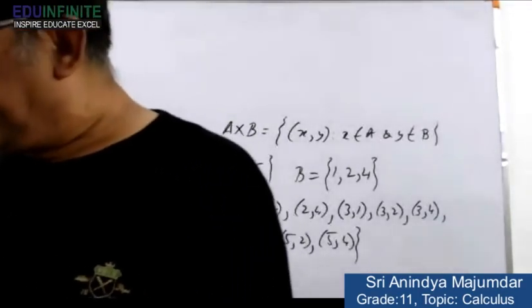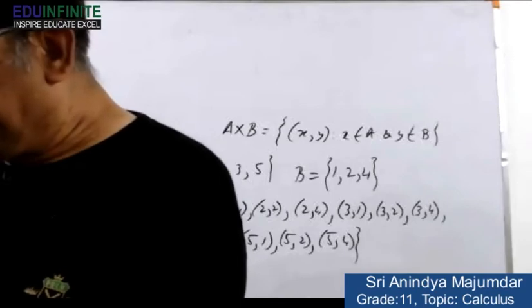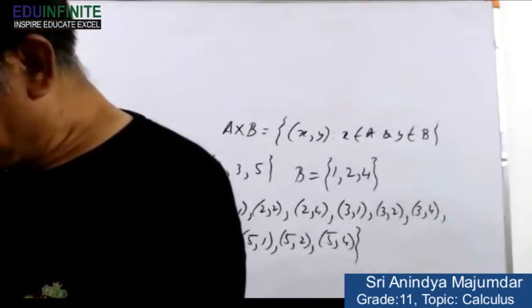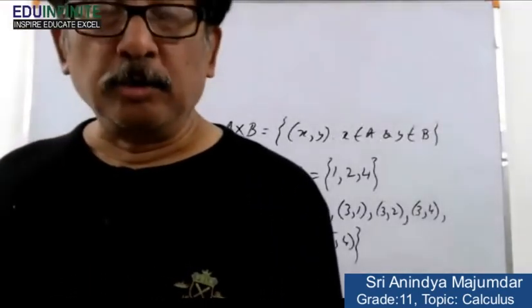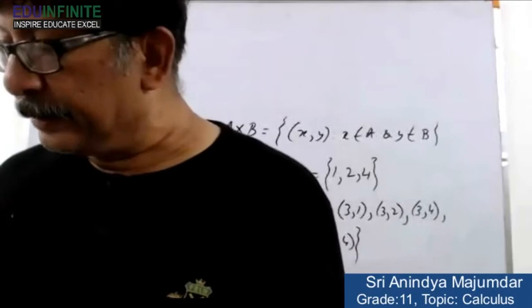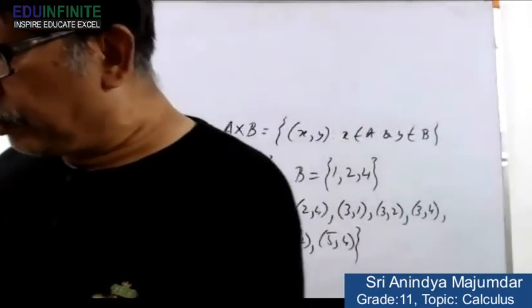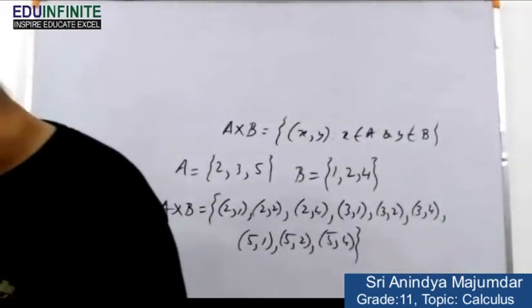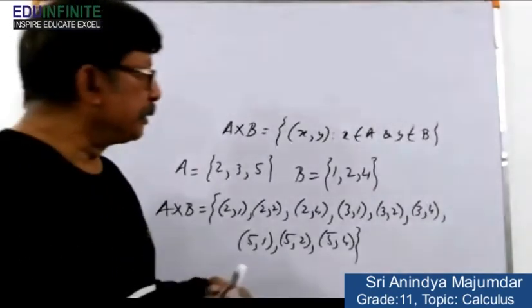If capital A is equal to 1, 2, 3, capital B is equal to 4, 5, and set C is 5, 6.